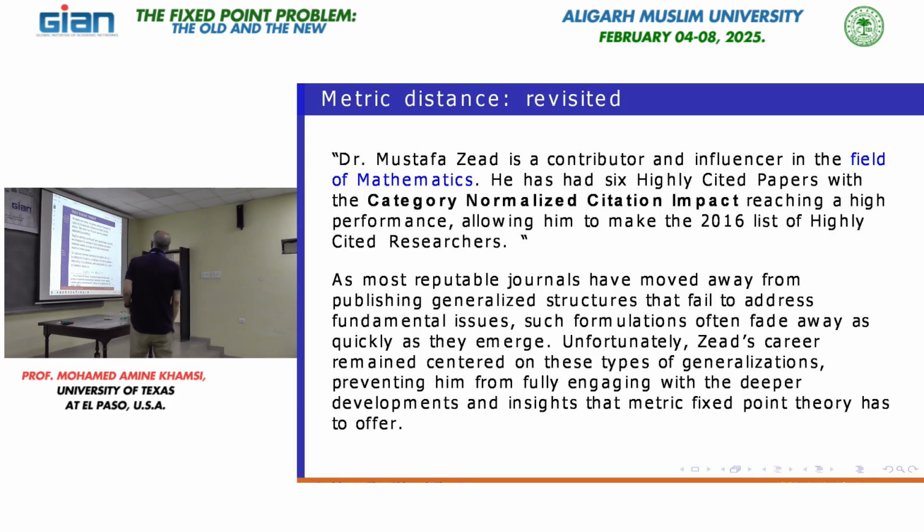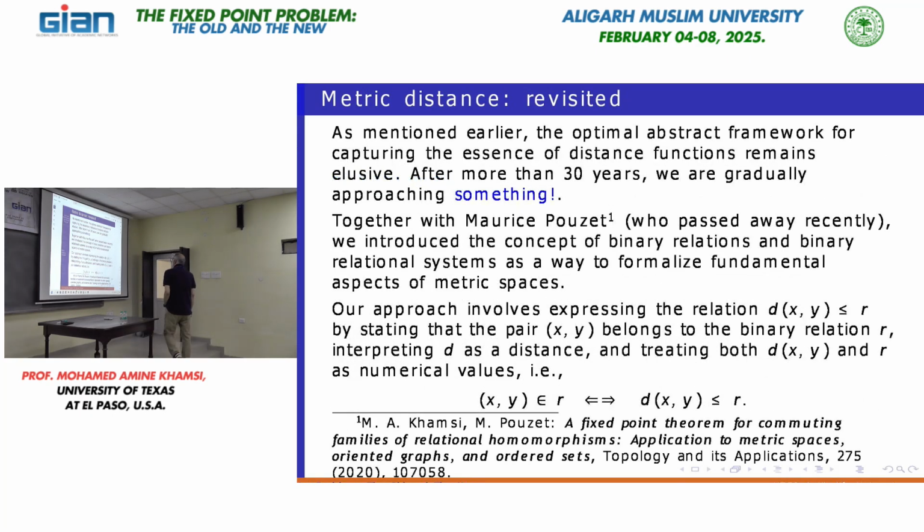It came out in 2020. And I wanted to pay attention to this one here. The distance from x to y less than r. Okay? See, this is a relation between x and y.